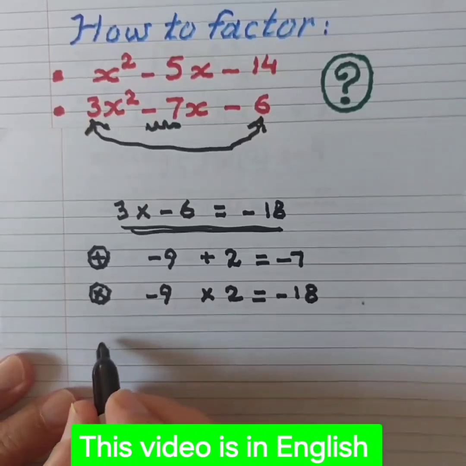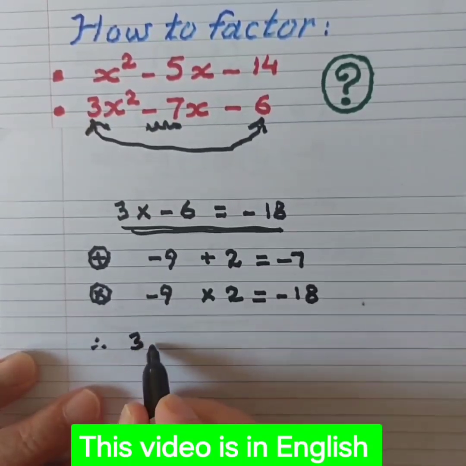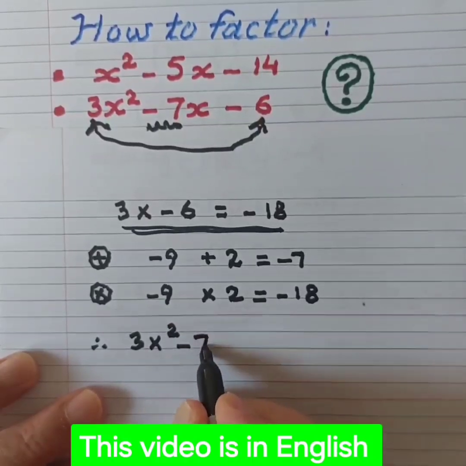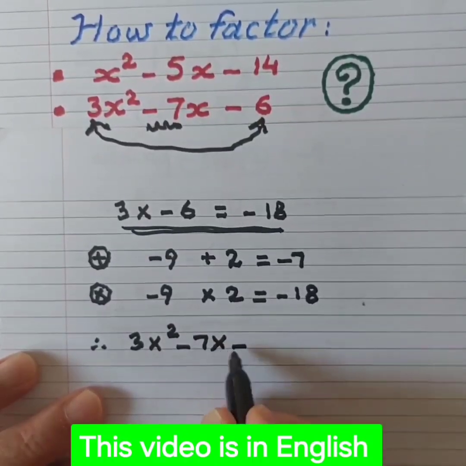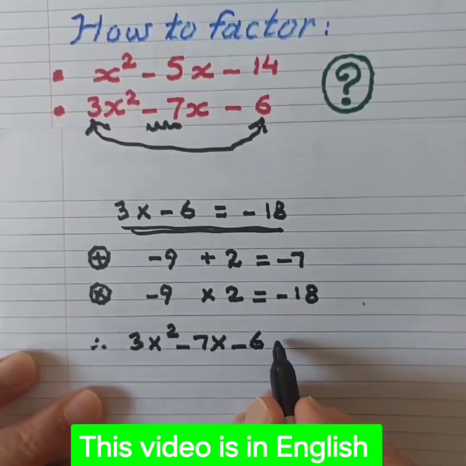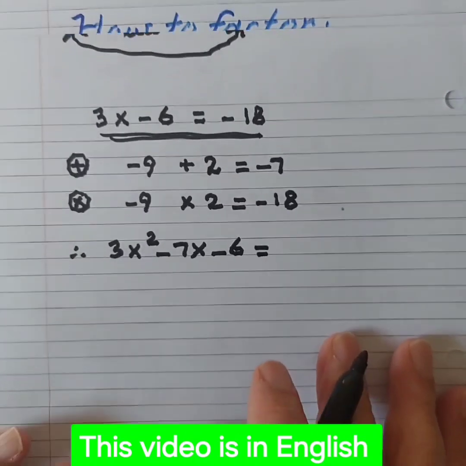So we write the result as you see now. 3x squared minus 7x minus 6. This is the expression we started with. We write it in a different form.